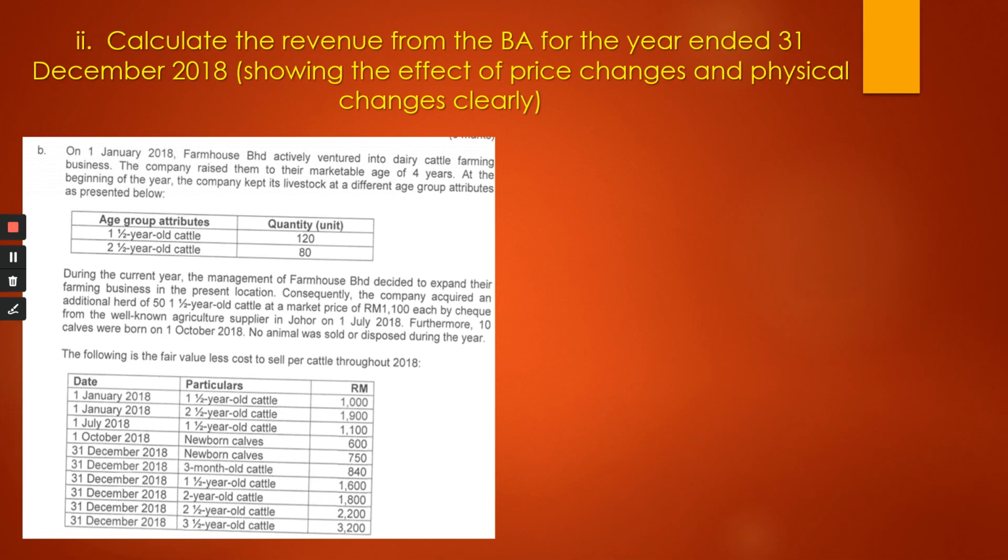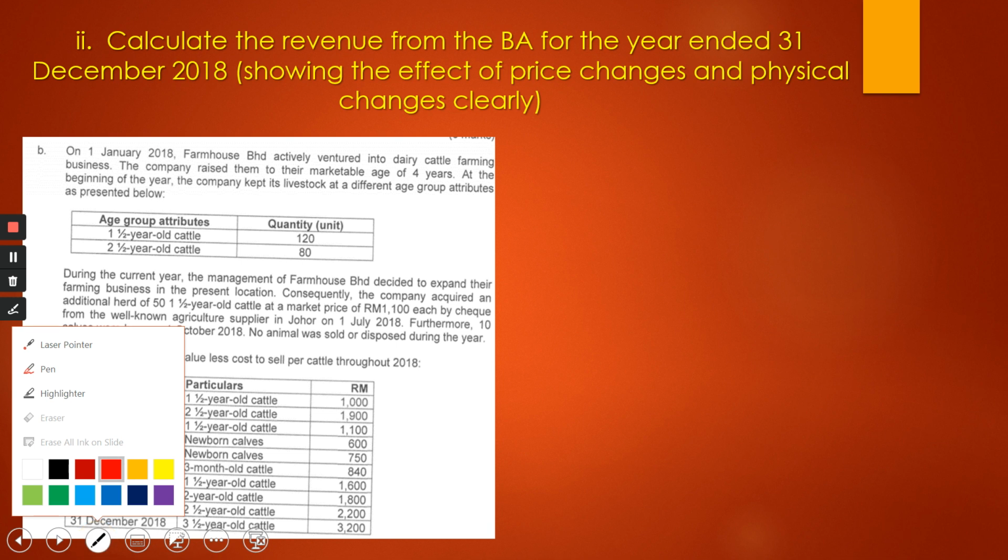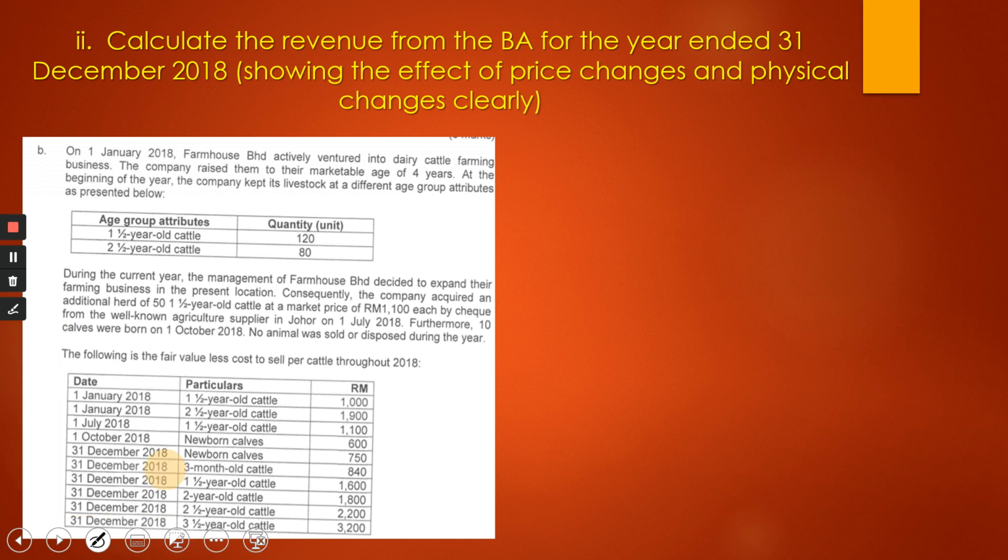So let's look at the second part, which is what I mentioned earlier, where the question asks you to calculate the revenue. And the revenue here is revenue coming from the biological asset, and it asks you to calculate and take into consideration the effect of price changes as well as the physical changes, and you need to calculate the revenue.